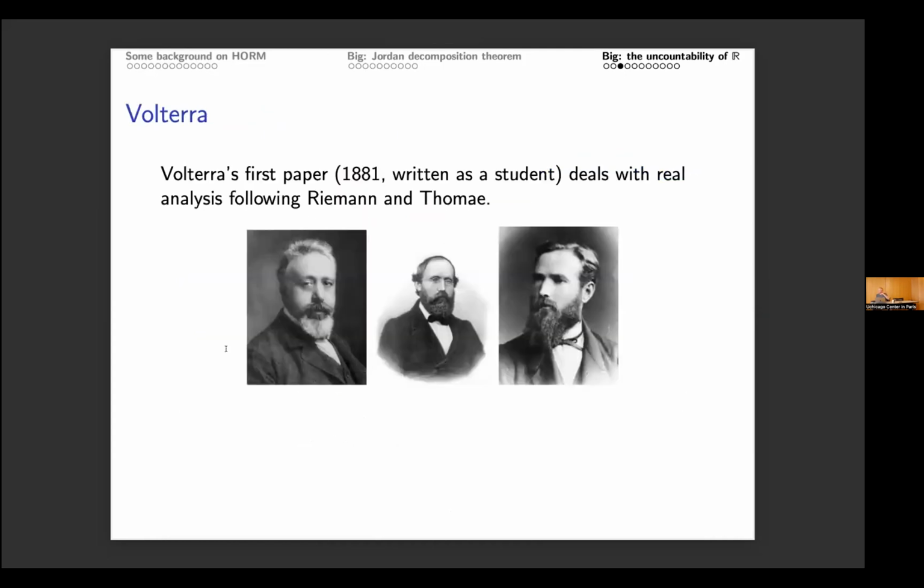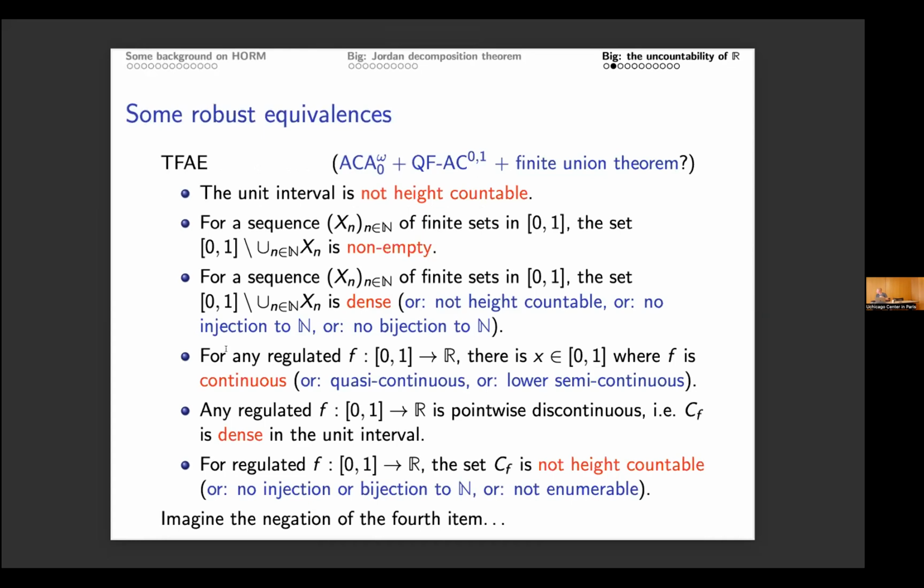Wait, the second to last item looks strange. Regulated f is pointwise discontinuous? Pointwise discontinuous means the continuity set is dense in the unit interval. That's just a definition. The pointwise discontinuous is a notion that was defined by Hankel, a student of Riemann.